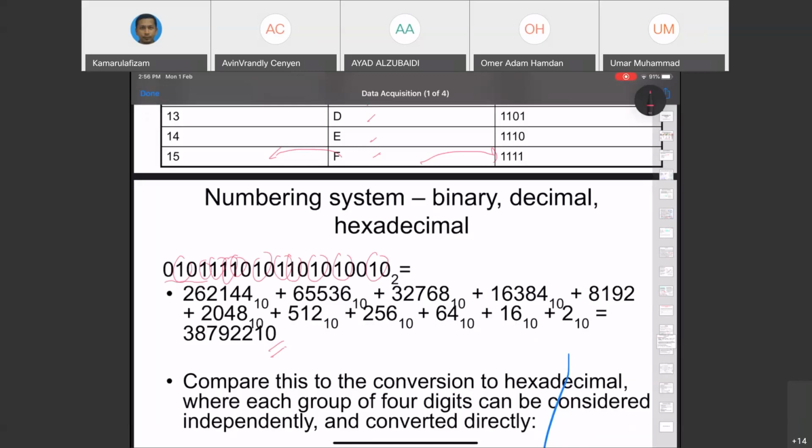For example, here we have 2 to the power of 0 and 1, in this case 0, 1, 2, 3, 4, so you have to add 2 to the power of 4, then 4, 5, 6, plus 2 to the power of 6. Then you go 7, 8, and 9, so plus 2 to the power of 8 plus 2 to the power of 9, and so on. We will get the total sum up to this number. This is basically how the conversion works from binary to decimal.